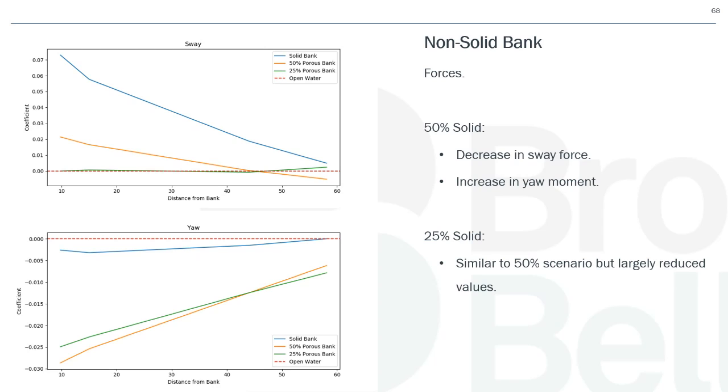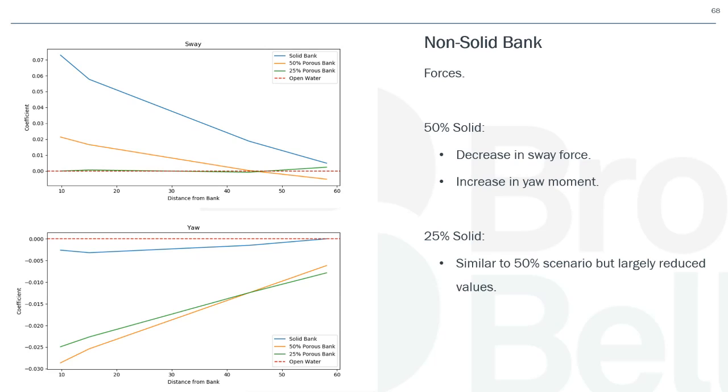But the interesting thing to me in this one is the results of your yaw force. So you see that for the solid case, it's a negative value, which indicates the direction that it's going, but the magnitude of your yaw force is actually much lower for the solid bank than it is for the porous banks, the non-solid banks.